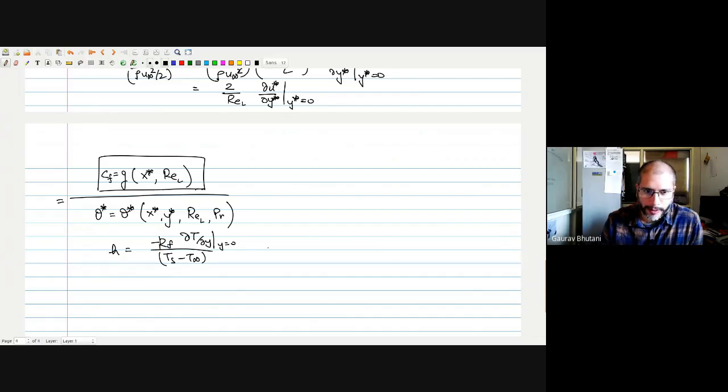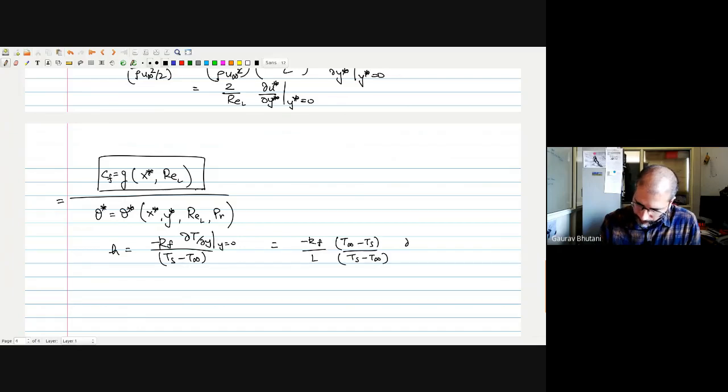Okay, so since we have the theta star here available to us, we write del T by del y in terms of non-dimensionalized parameters, that is theta star and y star. So we convert this del T by del y as del theta star by del y star at y star equal to 0. When we do that, the y star gives us an L in the denominator, and the theta star gives us a T infinity minus Ts in the numerator.